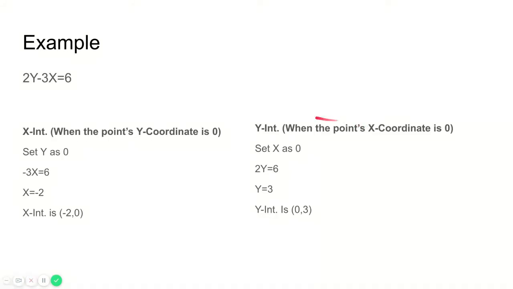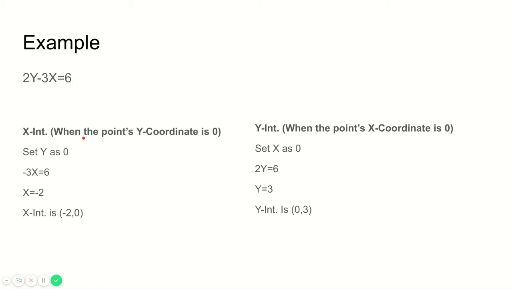For an example, we can have 2y minus 3x equals 6. As you can see, this is in our normal standard form, where the 6 is on this side, but you can just move it over here to get negative 6. So firstly, how do you find the x-intercept? Well, it is when the point's y-coordinate is 0. So as I said before, you can set y equals 0. Therefore, you get negative 3x equals 6.